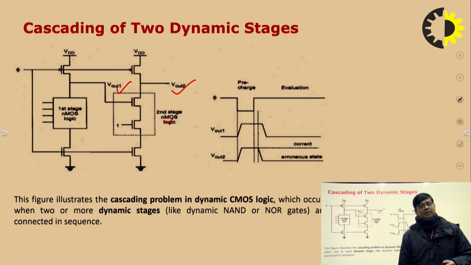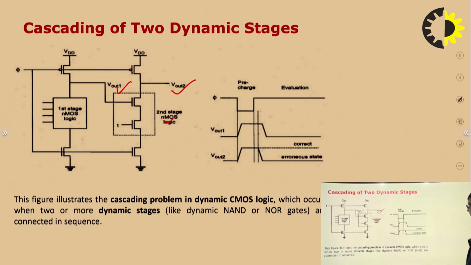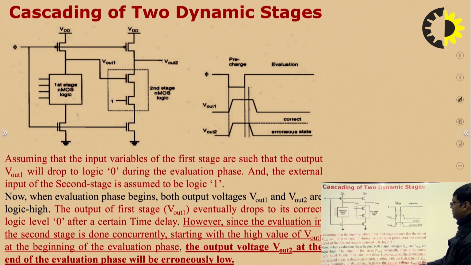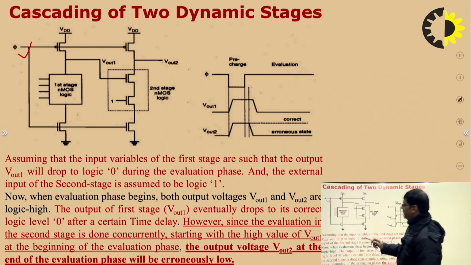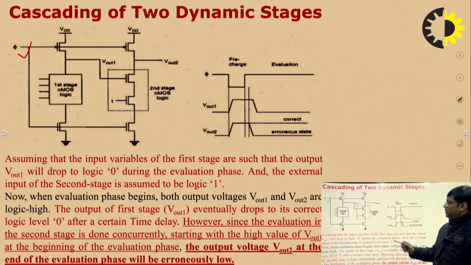The problem that occurs in direct cascading of dynamic stages will be discussed now. See that the clock signal is simultaneously given to all the stages of the circuit.